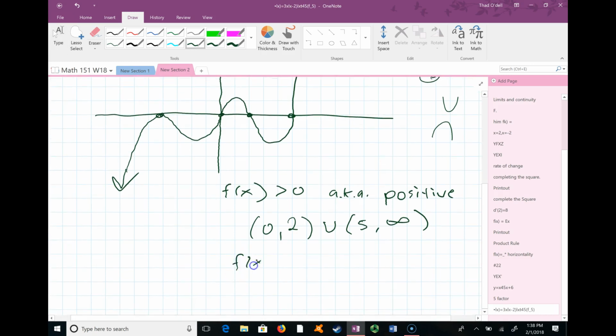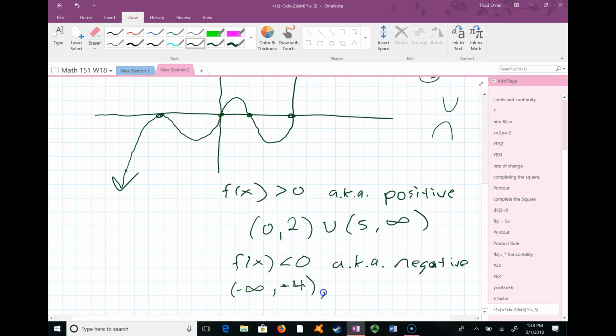Likewise, f of x is negative, also known as f of x is less than 0. So then we just list all the places where it's negative. That would be from negative infinity to negative 4.